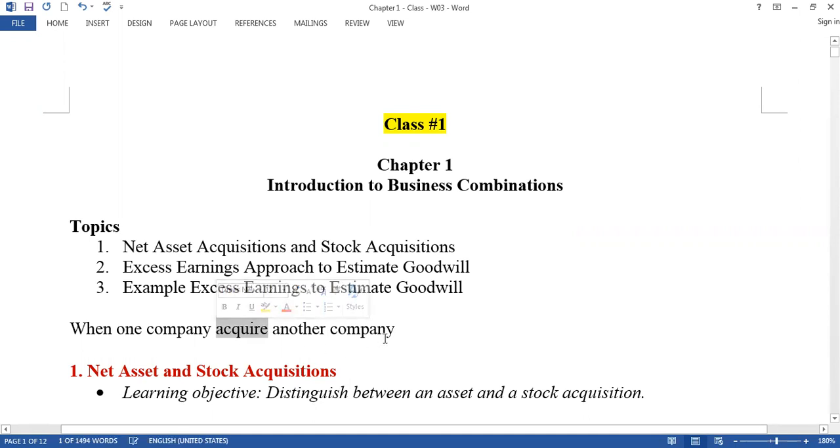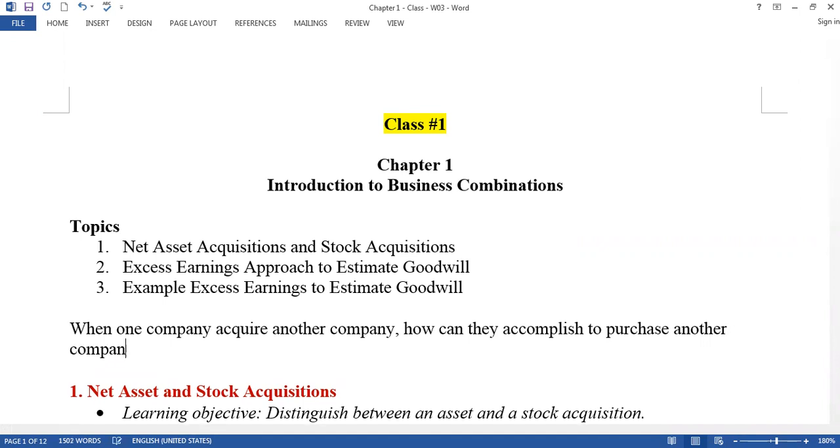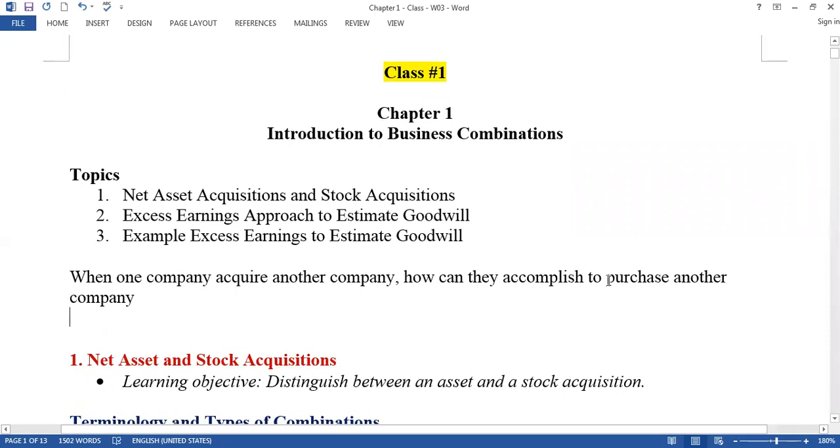When one company purchases another company, or acquires another company, how can they accomplish to purchase another company? So first we are going to talk about this issue.